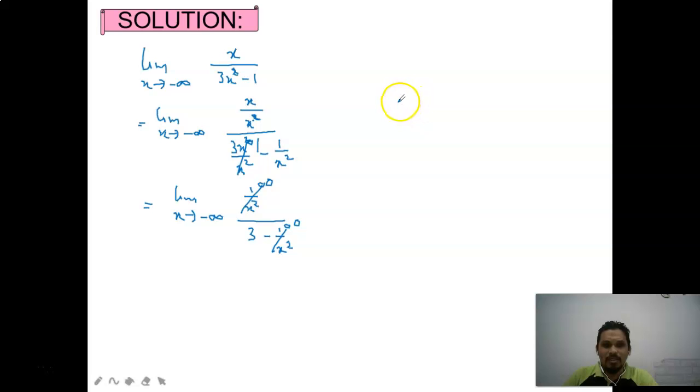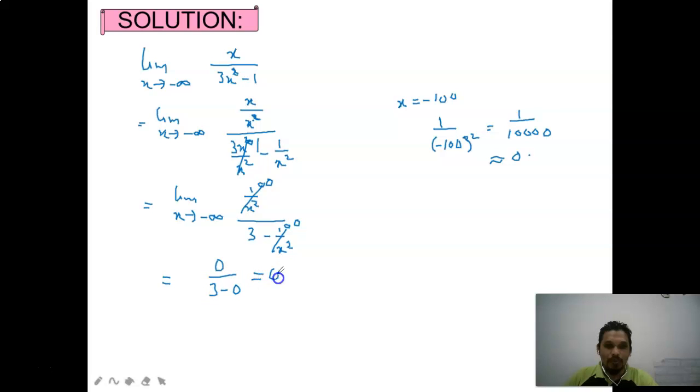Just imagine that if x equals negative 100, then 1 divided by negative 100 squared is 1 over 10,000. So 1 over a big value approaches 0. Okay. So then 0 and 0, so for this one now, 0 divided by 3 minus 0 equals 0.